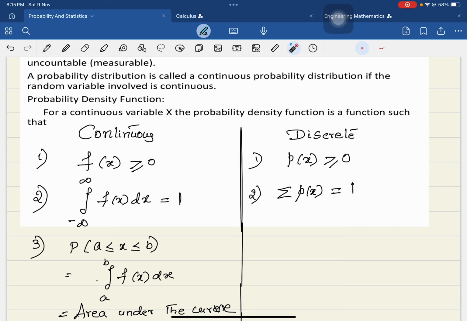In the discrete probability distribution, we have taken that the probability of x is greater than or equal to 0 always. Here also, in the continuous probability distributions, your function f of x must be greater than or equal to 0. In the discrete case, the sum of all the probabilities is equal to 1. Whereas here, because it is a continuous function, the integral from minus infinity to infinity of f of x dx is equal to 1.